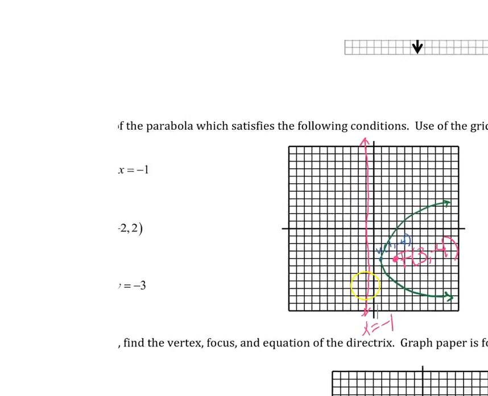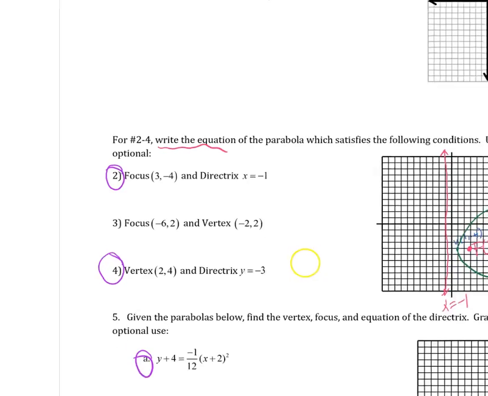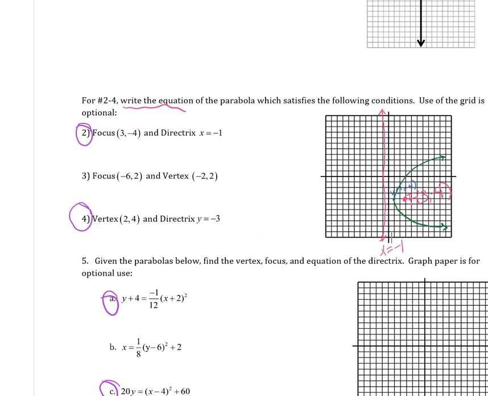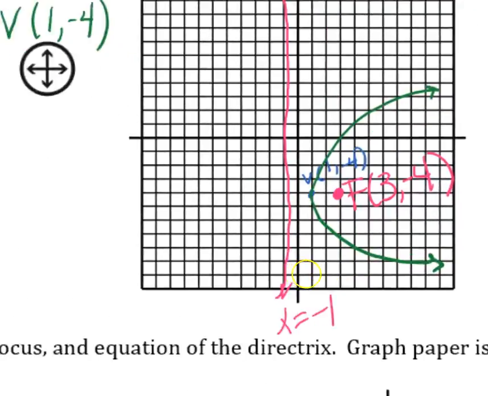Alright, so coming back here, we know that it's opening like this. We know the vertex is 1, -4. Okay, the only other thing we need now is our p-value. P is the distance from the focus to the vertex or from the vertex to the directrix.